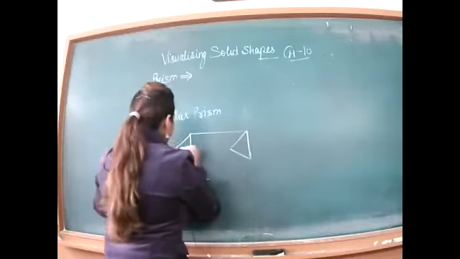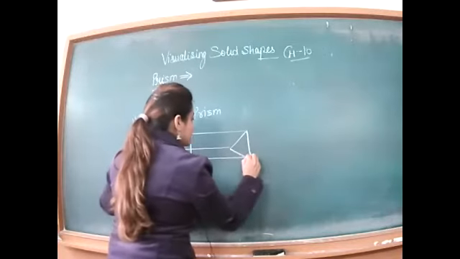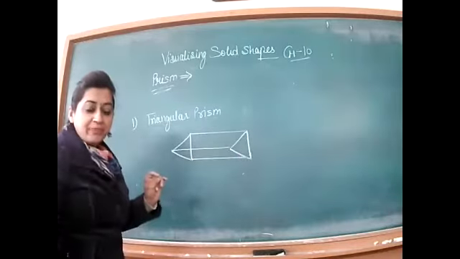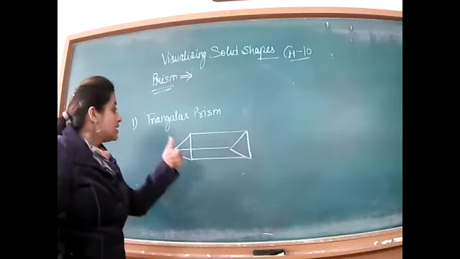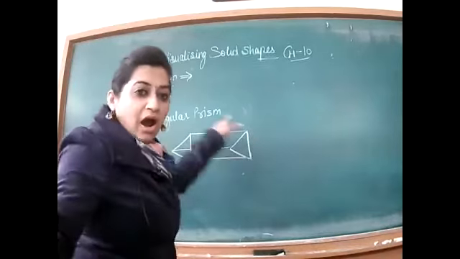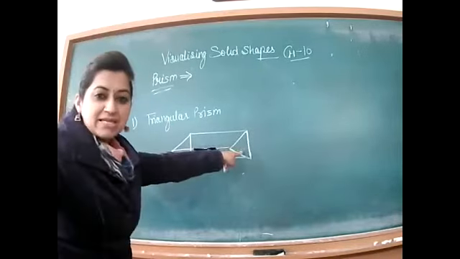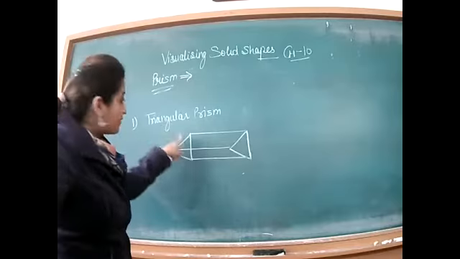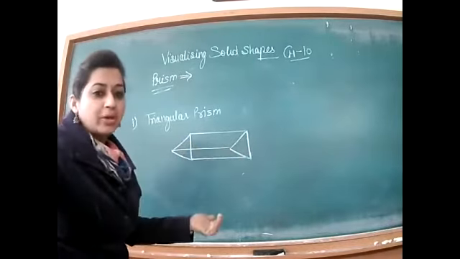When you join it, you will get a figure like this. Is it okay? So the name of this prism is triangular prism because the name is kept after the base.